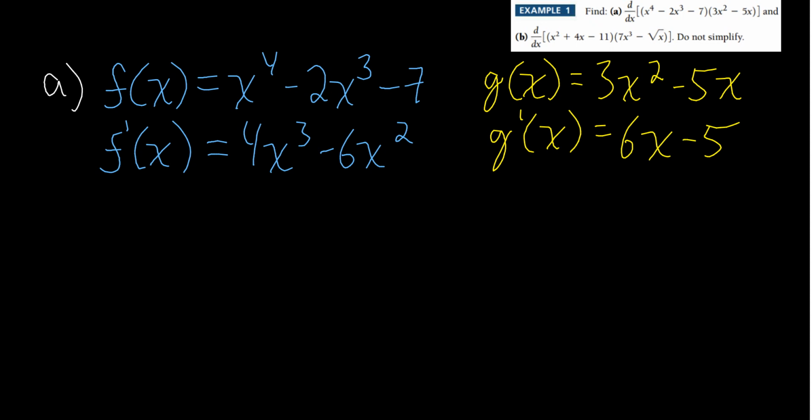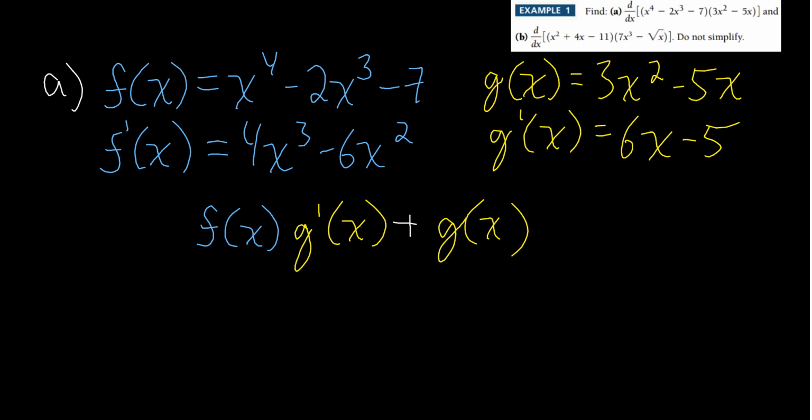Okay, so I put all that out, and recall that the derivative of this particular function is going to be in the form of first times the derivative of the second plus the second times the derivative of the first.